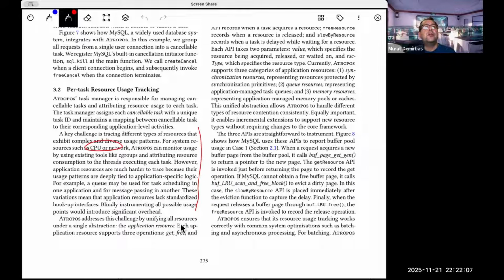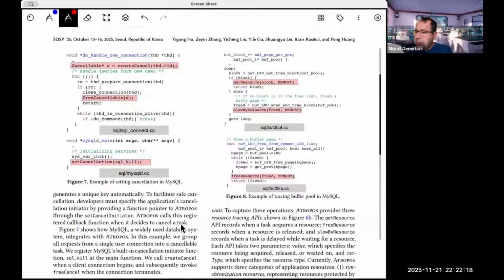Atropos addresses this challenge by unifying all resources under a single abstraction, the application resource. How does that help? Each application resource supports three operations: get, free, and wait. To capture these operations, Atropos provides three resource tracing APIs shown in figure 6b: get resource, free resource, and slow by resource.